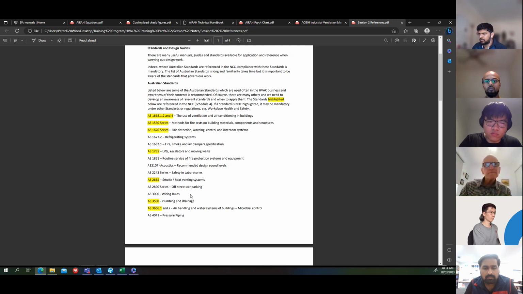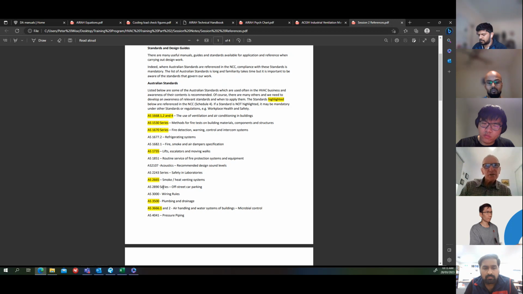So it's an option. I put off-street parking in there because you all work on car park ventilation systems. And there is a bit of information in there about the allowable heights in car parks. That's important because when you're trying to put ductwork in a car park, you need to know how high you can go with it, or what clearances you've got available to you.